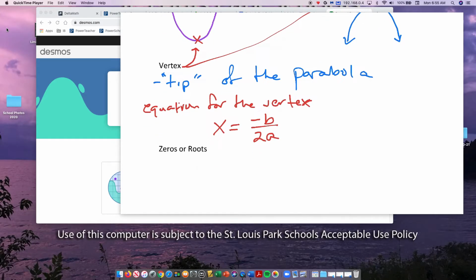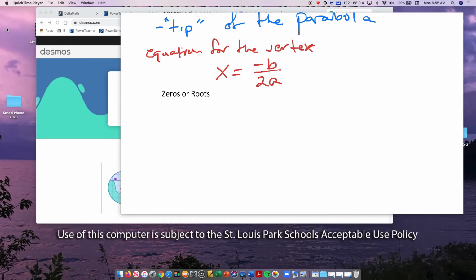So that's the vertex. The zeros or roots are the places where the graph crosses the x-axis.